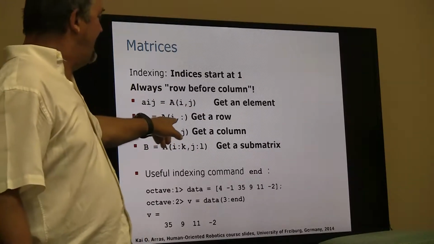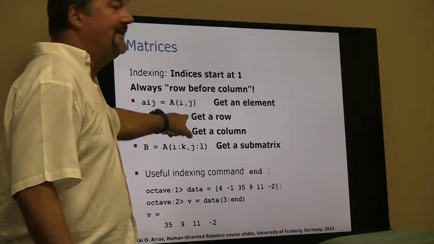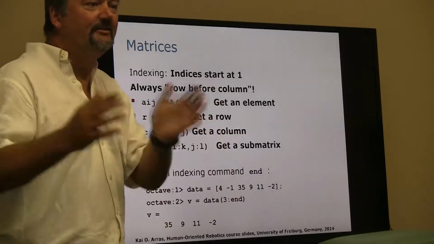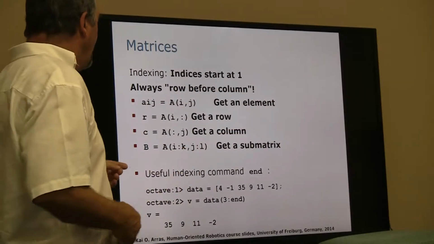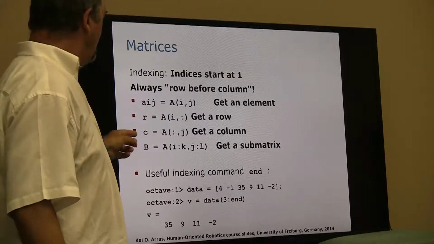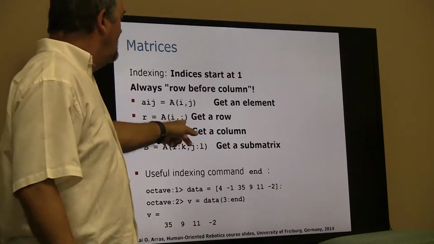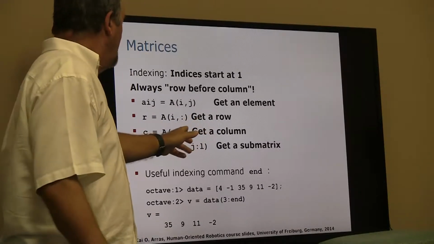Here's some special syntax that you'll want to remember. The colon has a kind of double meaning, which we'll see in a second, but one of its meanings is all of the elements in this row or column.